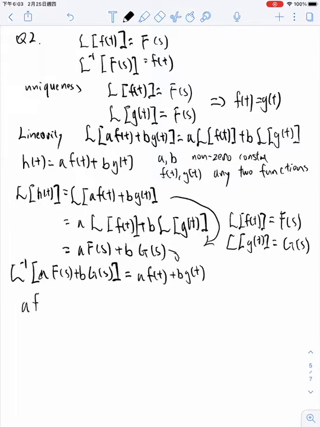But a f(t) plus b g(t) is actually the inverse Laplace transform of the F(s) and G(s) functions.